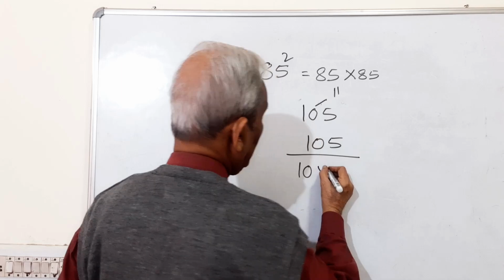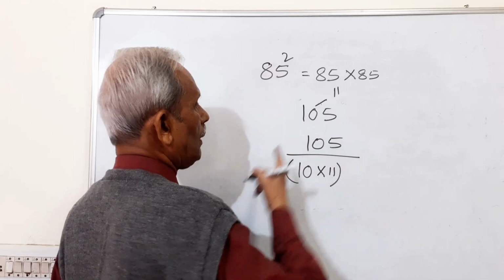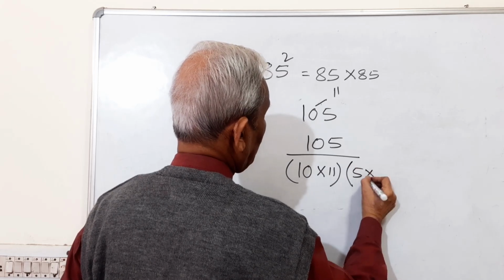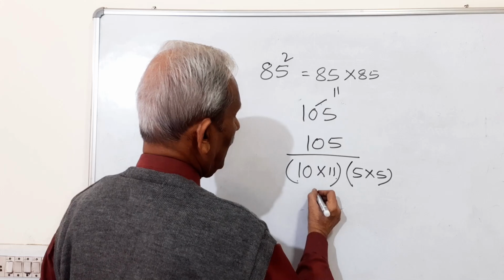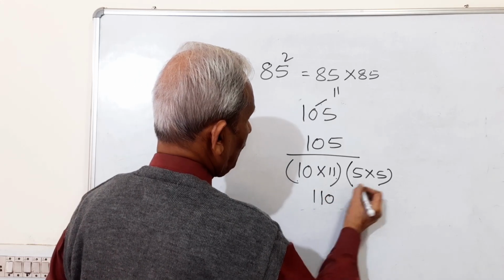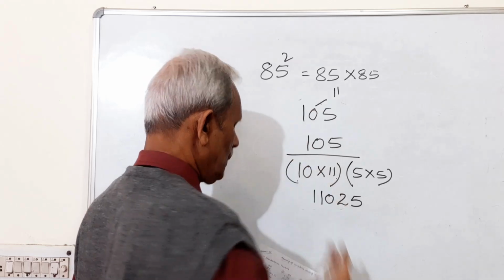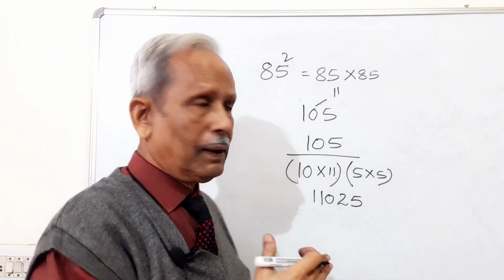So write here 10 into 11, that is the first part of the answer, and the second part of the answer is 5 into 5 is 25. The first part of the answer is 10 into 11 is 110, and 5 into 5 is 25, so 11025 is the square of 105. You can check it yourself that this is the result.